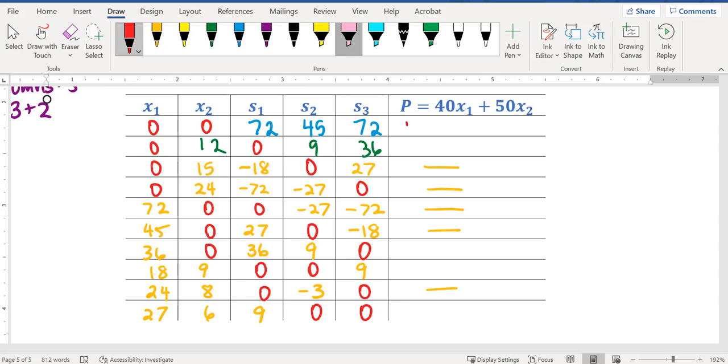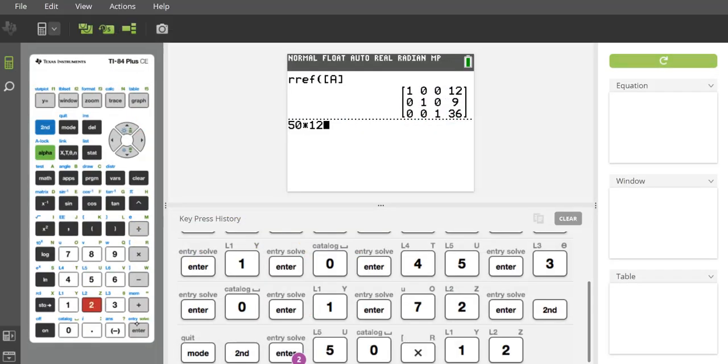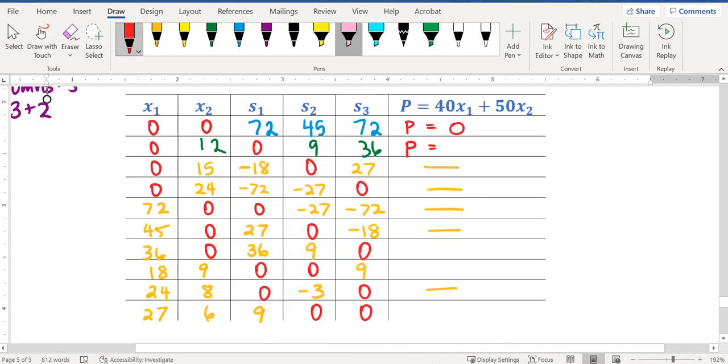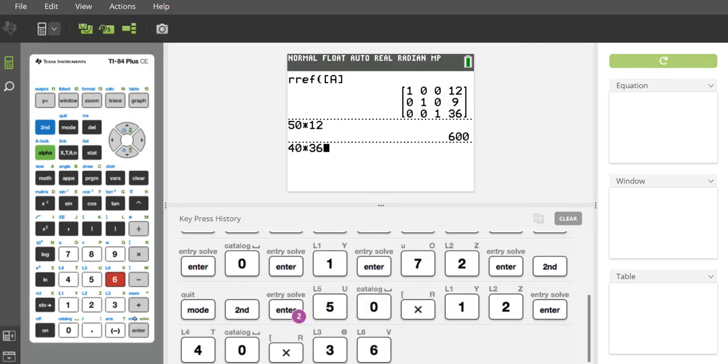So our P would be, if X1 and X2 are 0, I'd get P as 0. X1 is 0, but X2 is 12. 50 times 12 is 600. Down here, X1 is 36, X2 is 0, so 40 times 36 is 1440.